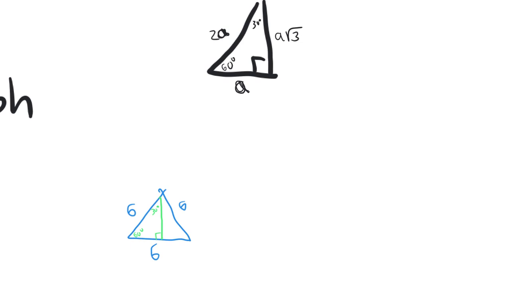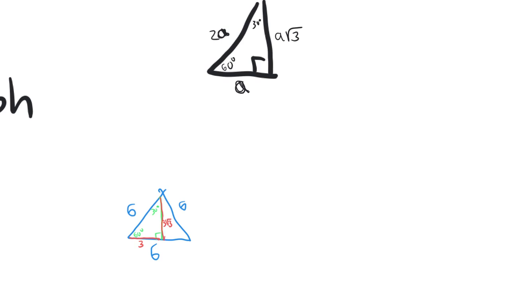Now, it is the case that, therefore, this part is going to be half of 6. That's clearly 3. Okay, this whole thing is 6. Now, the red 3 corresponds with an A, so therefore this is going to be A radical 3, so we therefore know that this height is 3 radical 3, okay, this red height here.